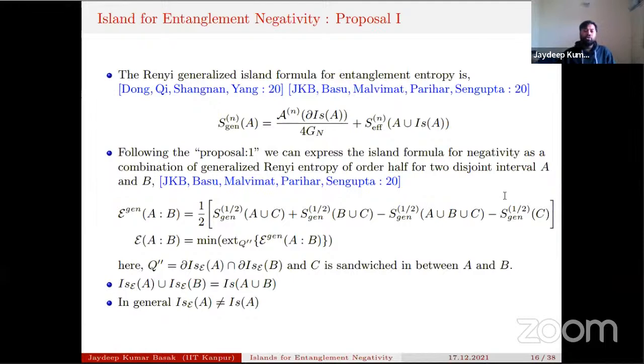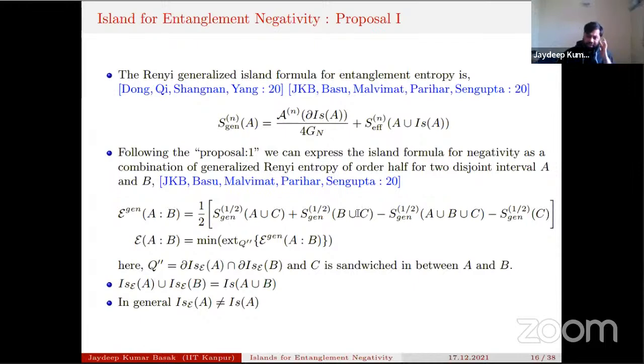Now, if we go through the first proposal, then we try to define the generalized island formula for Renyi entropy in this way, where we see that the formula has been raised to an index n. Now, if we follow the first proposal, which says that negativity is related to a special sum of Renyi reflected entropy of order half, we can now express the island formula for negativity as a combination of generalized Renyi entropy of order half.